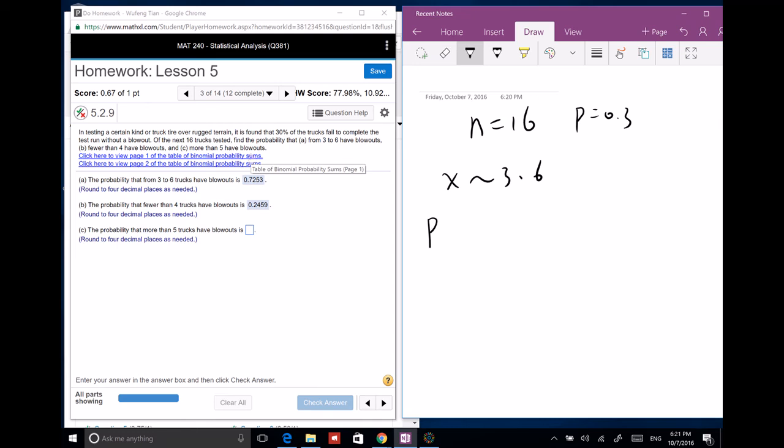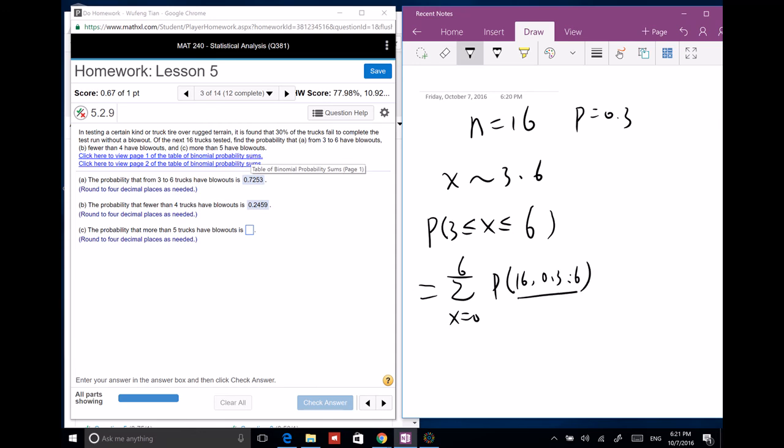The probability from 3 to 6, you can write as P(X ≤ 6) minus P(X ≤ 2). This actually equals the sum from x equals 0 to 6 of the binomial probability with n = 16 and p = 0.3.